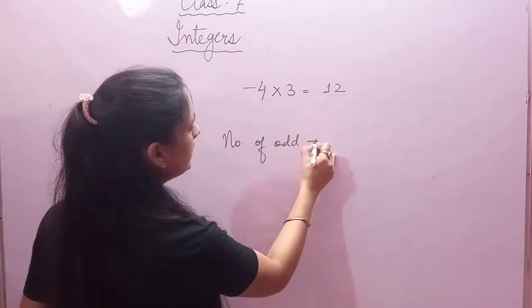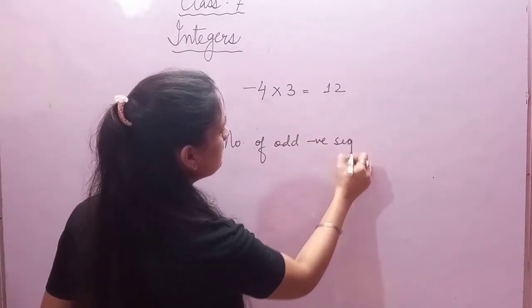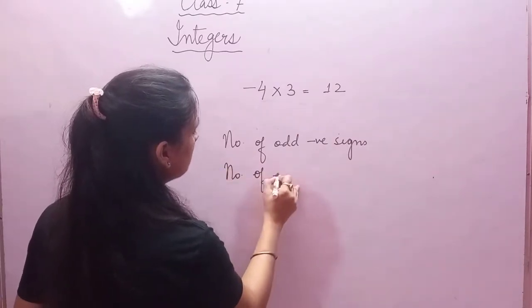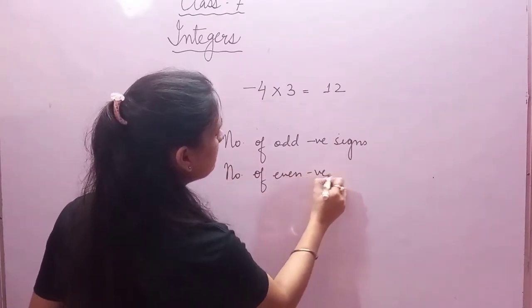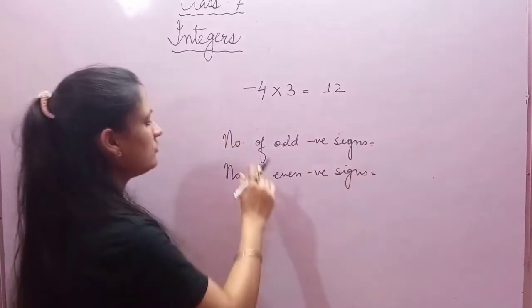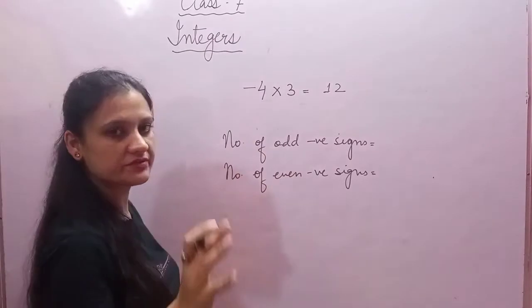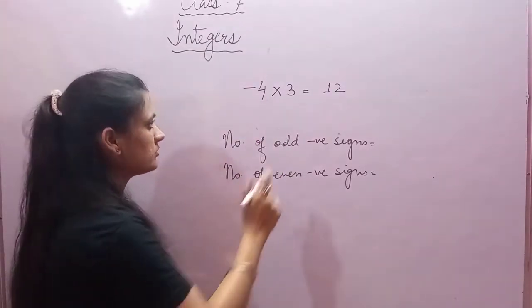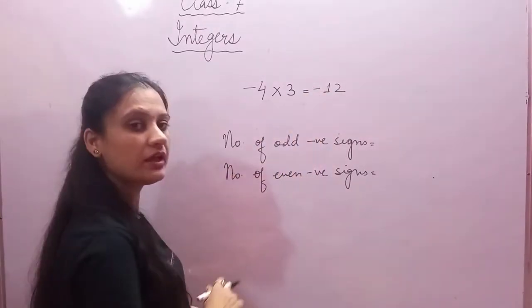is the number of negative signs, odd or even. When you count the number of negative signs, suppose it is 1 here. Odd or even? Odd number. So of course minus will come with the answer.